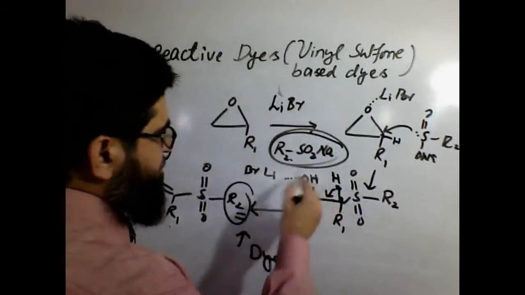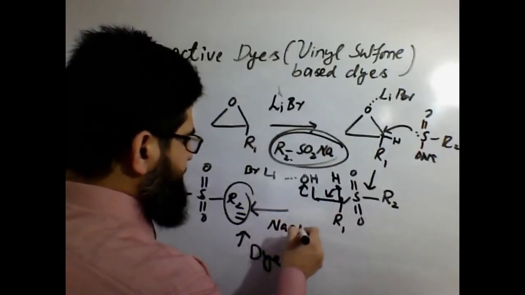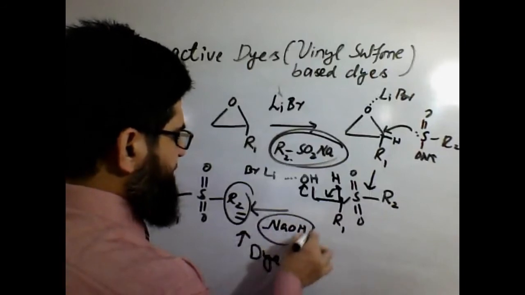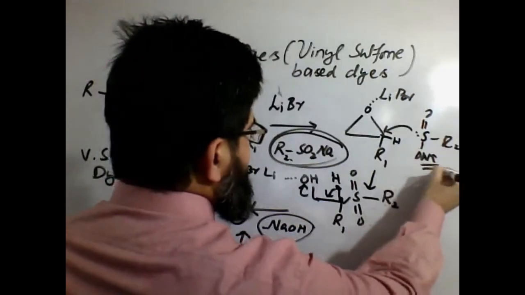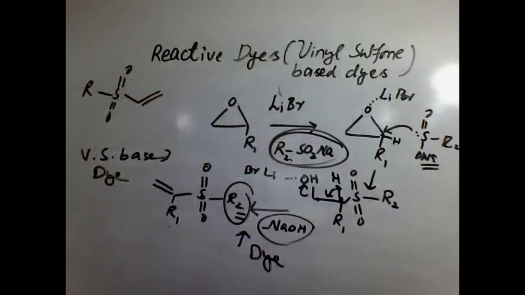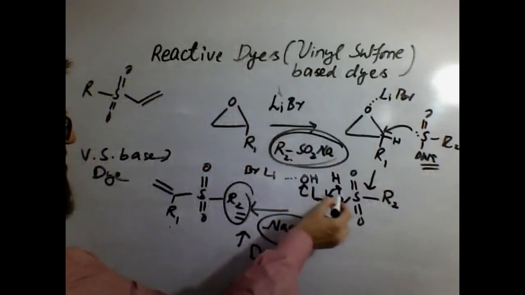Resultantly, this hydroxyl group is removed, which finally generates sodium hydroxide, due to the presence of this sodium in the same reaction media. And as a result, the double bond is generated.